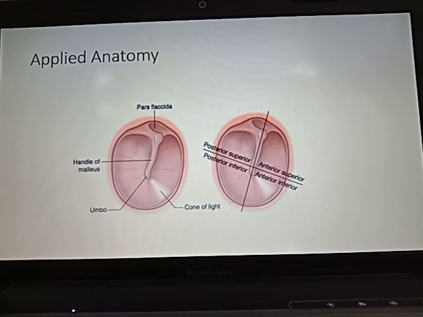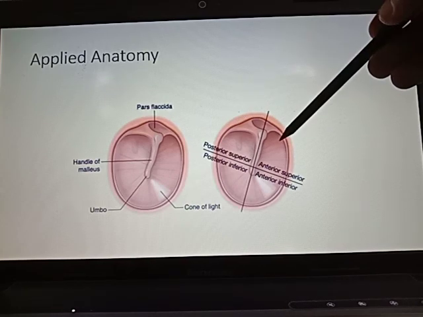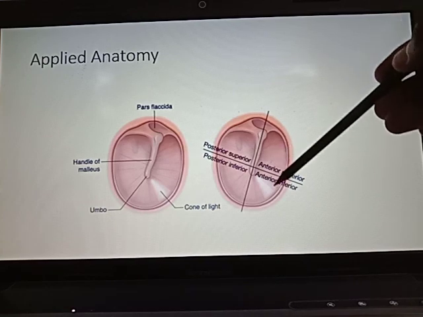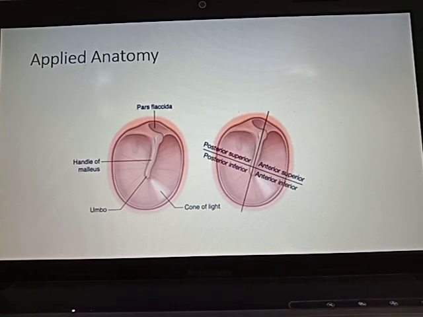So these two lines divide the whole tympanic membrane into four quadrants: anterosuperior, posterosuperior, anteroinferior, and posteroinferior. The maximum light during otoscopic examination falls in the anteroinferior quadrant, and this part is known as the cone of light.